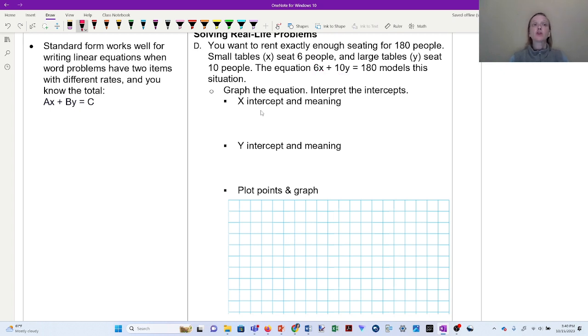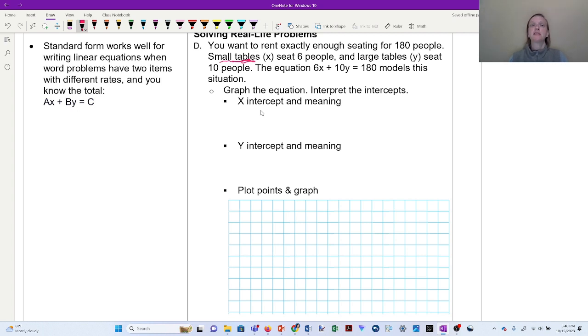Notice that standard form works well for writing linear equations when word problems have two items with different rates and you know the total. What I mean by that is I have a rate for small tables: a small table seats 6 people, so 6 people per table is my rate.